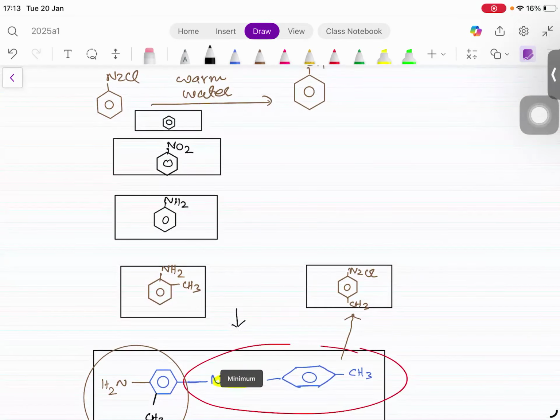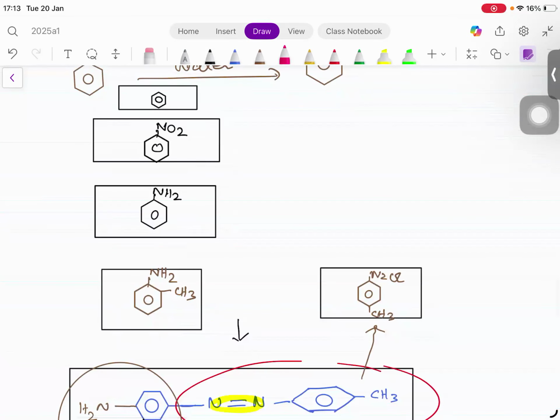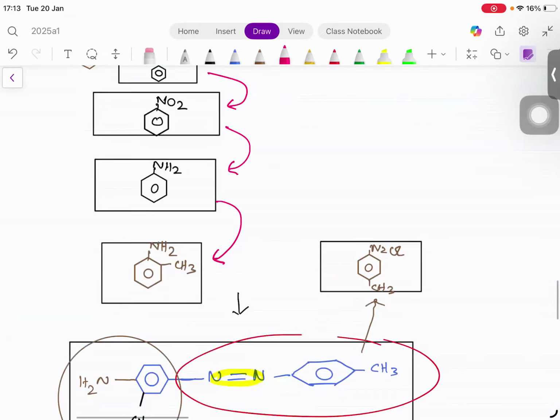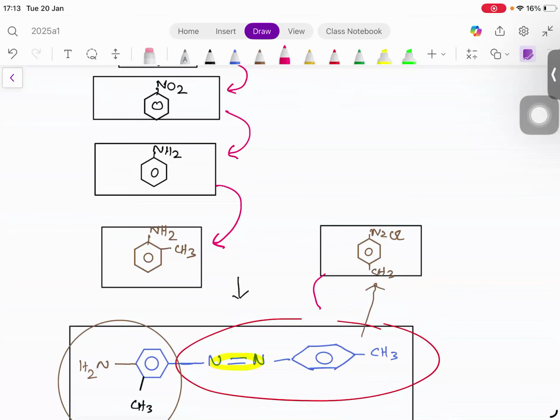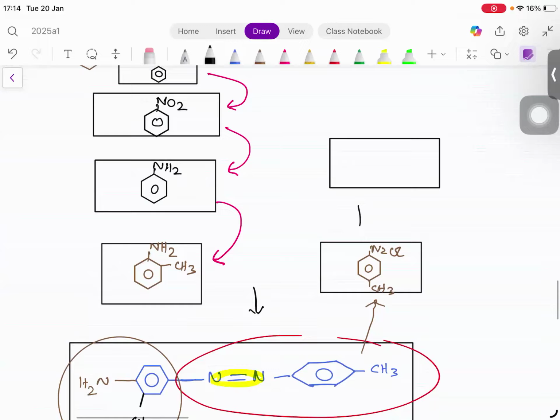So here you go. They ask you then the reagent and conditions for each step. What about this? The first step, second step, third step. Here is another compound. You have to identify this one as well. This one. No, the one which makes the BDC.